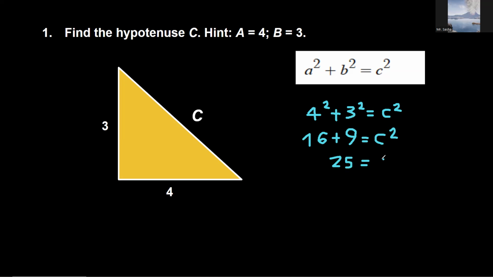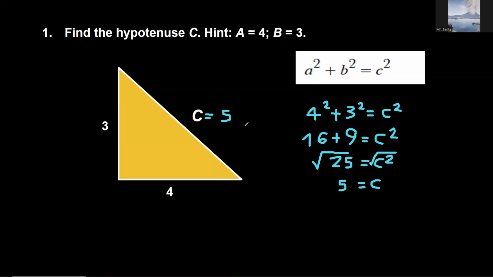Great. So now what we have to do next is a very important thing. You see this squared? We can actually square root 25, and we also square root c squared. And then the square root of 25 is 5. So 5 is c. So c is equal to 5.